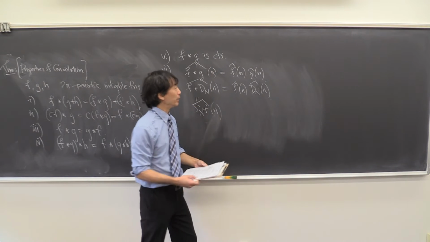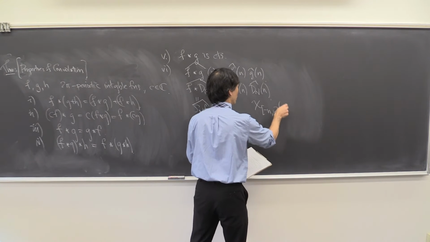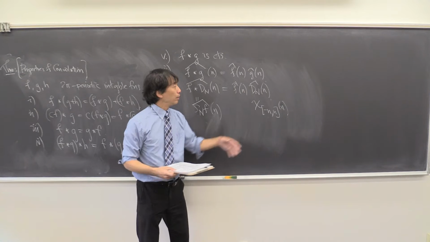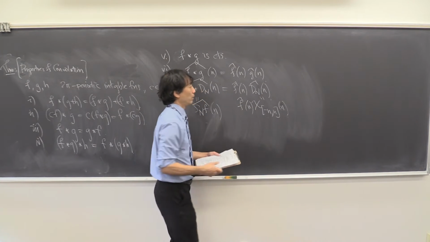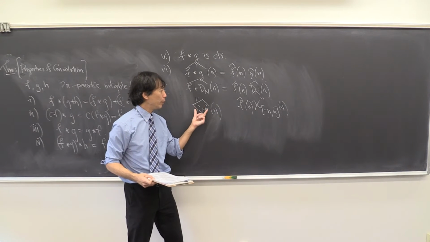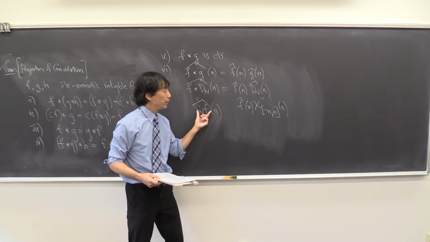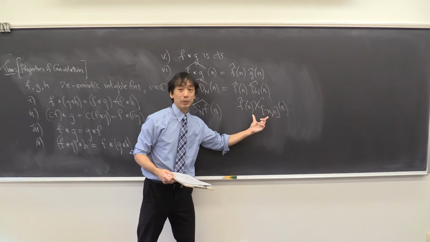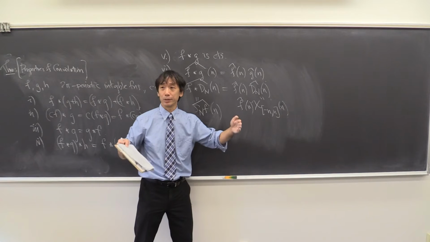In other words, it's a characteristic function between negative N and N. And what that's saying is that if you take the Fourier coefficients of the partial sum operator, what you get is just the Fourier coefficient of the original thing, but it will be chopped off between negative N and N, between a certain range of frequencies.